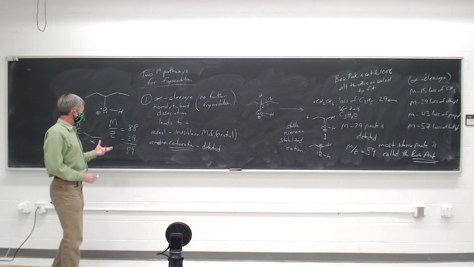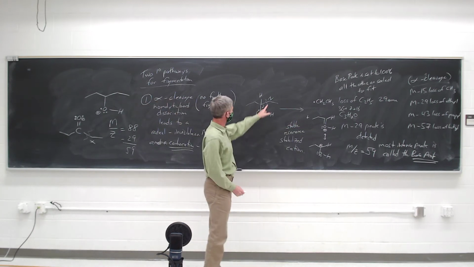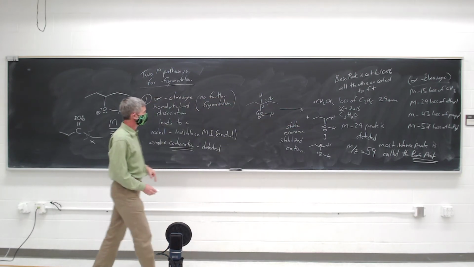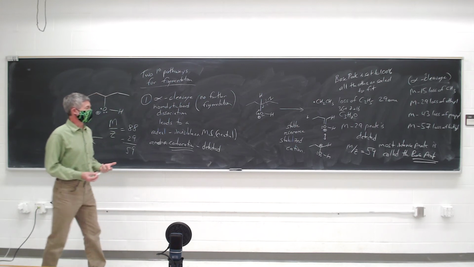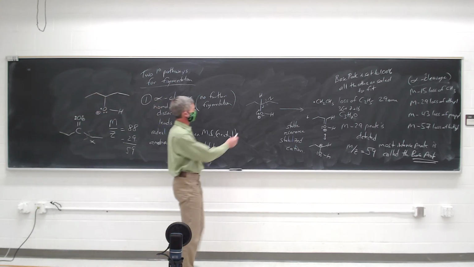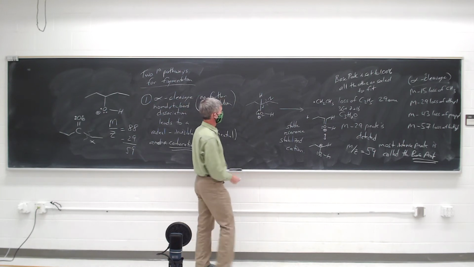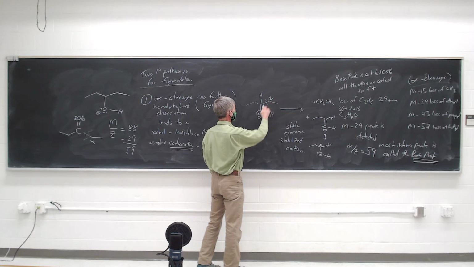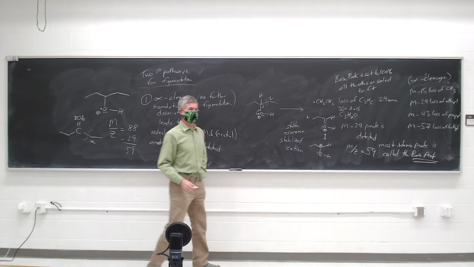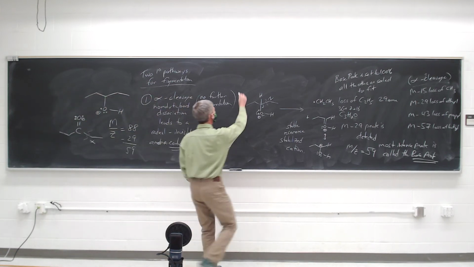So we should see a pretty significant peak at 59 because this is a nice resonance stabilized carbocation. There are 2 different ways it could be generated. How else might it fragment by alpha fragmentation? It's not really likely to lose a methyl group. So we're probably not going to see a big peak at M-15, because a radical here and a radical here would have to combine into a 3-membered ring in order to form a stable peak. It might, right? It's possible.